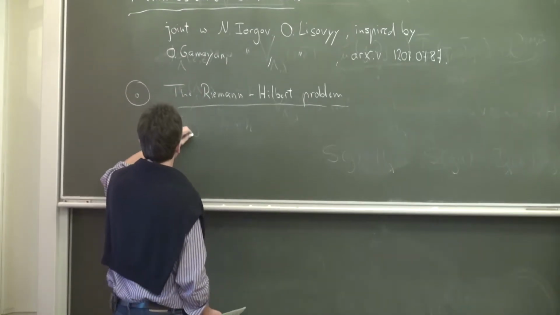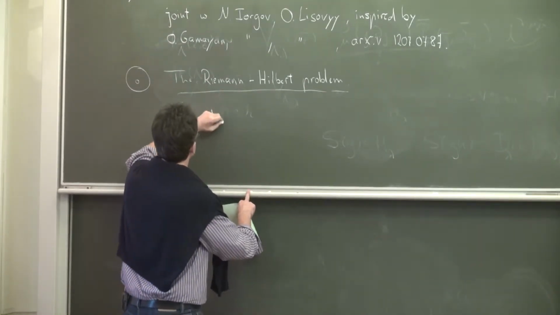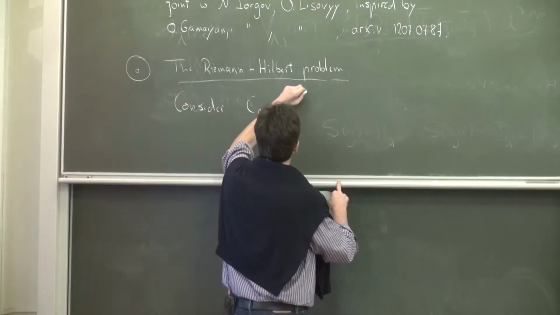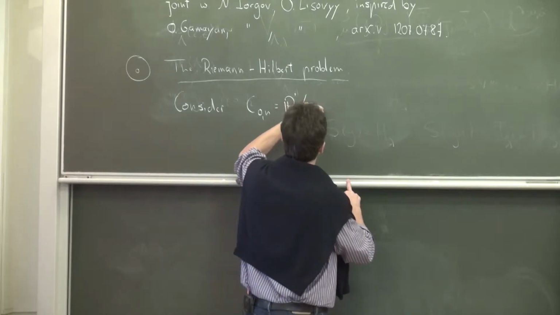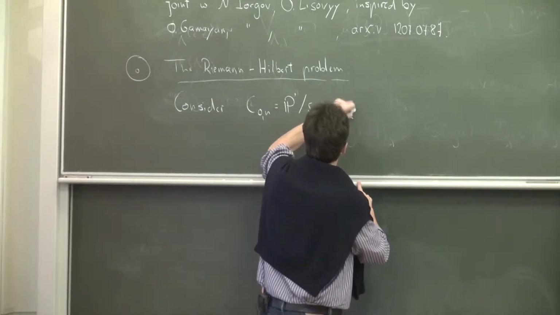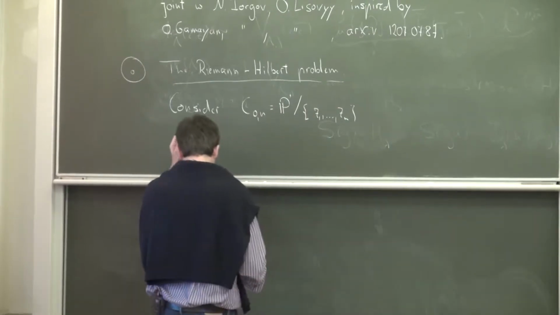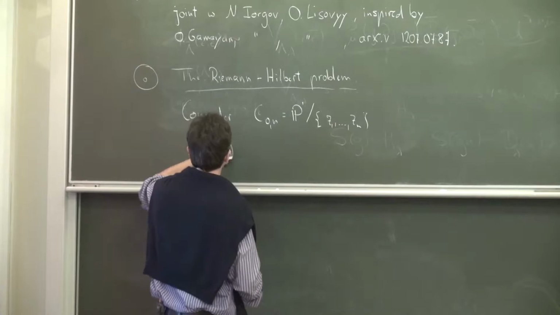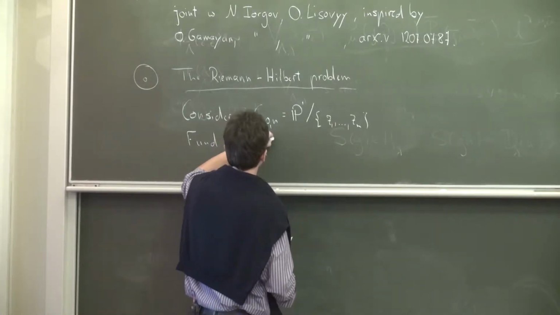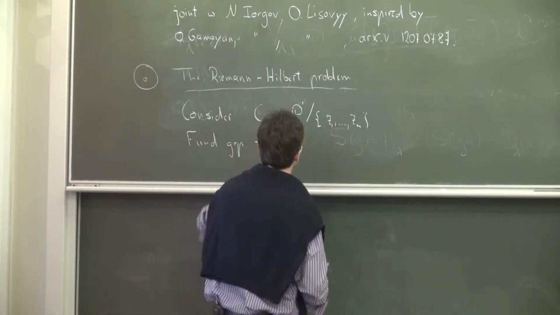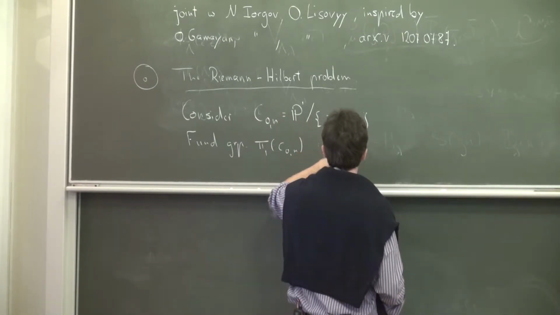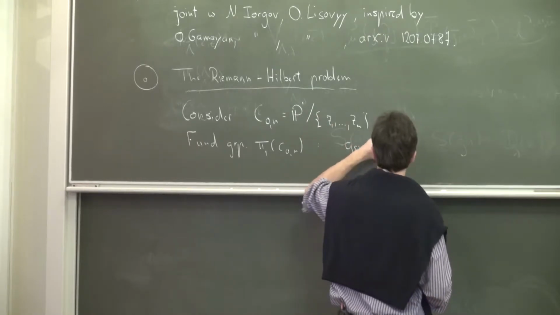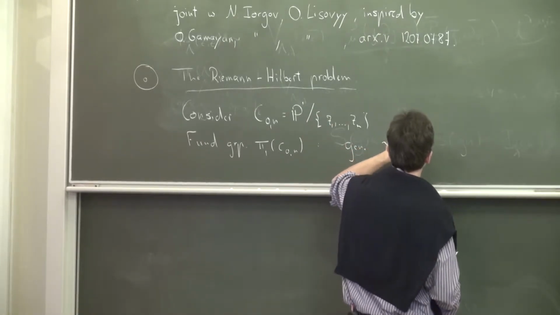So we shall consider the n-punctured sphere. And the fundamental group, pi1 of the n-punctured sphere, of course it has generators. I will denote them gamma 1 to gamma n.